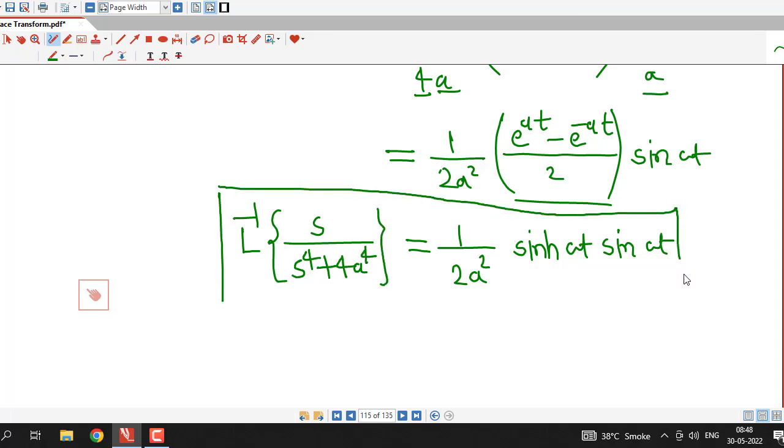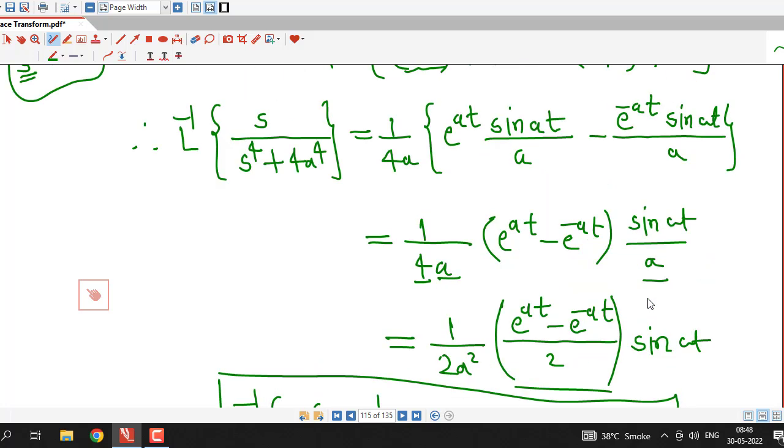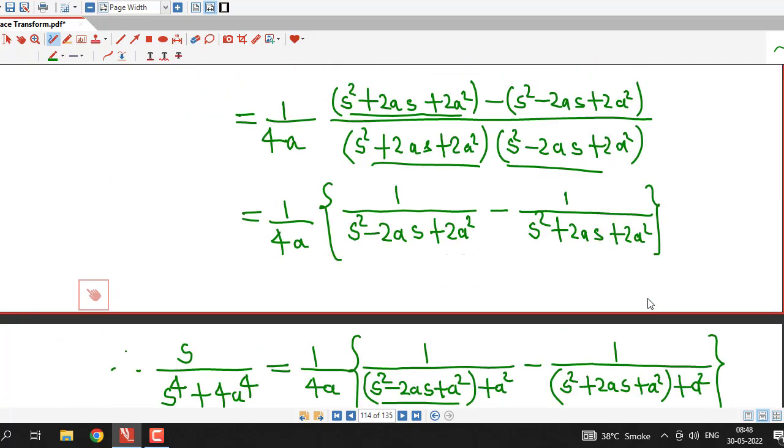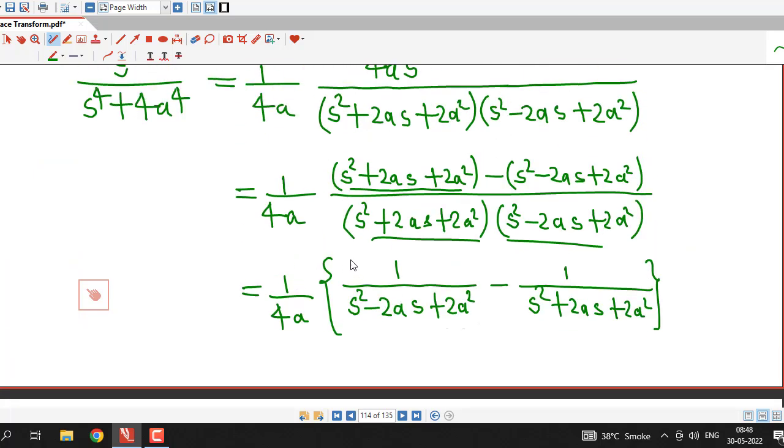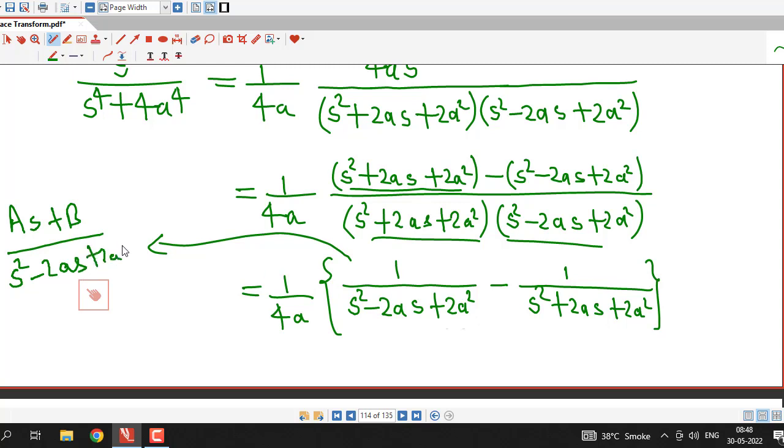So we have obtained the inverse Laplace transform of this function without using the partial fraction method. Otherwise, from this step we have to write this as as plus b divided by s square minus 2as plus 2a square, and the same for this, cs plus d divided by s square plus 2as plus 2a square.